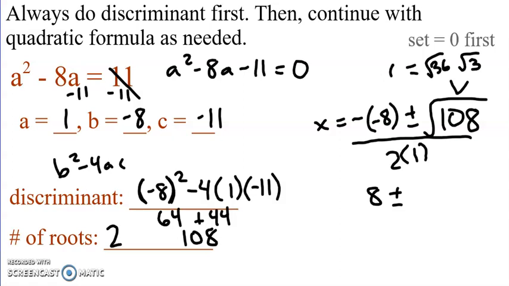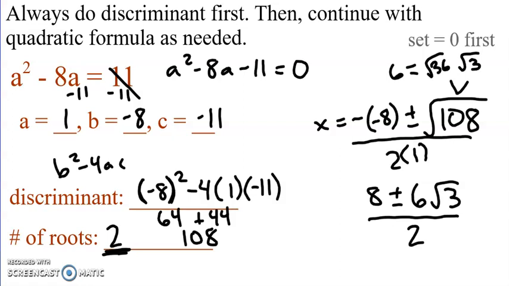Right? Square root of 36 is 6. So this simplifies to 6 root 3. So even though we have a radical in there, it's not a complex number, right? We don't have an i, so we still have 2 real roots. We just don't know what the exact value is because we're going to leave that radical there. And then divide by 2.